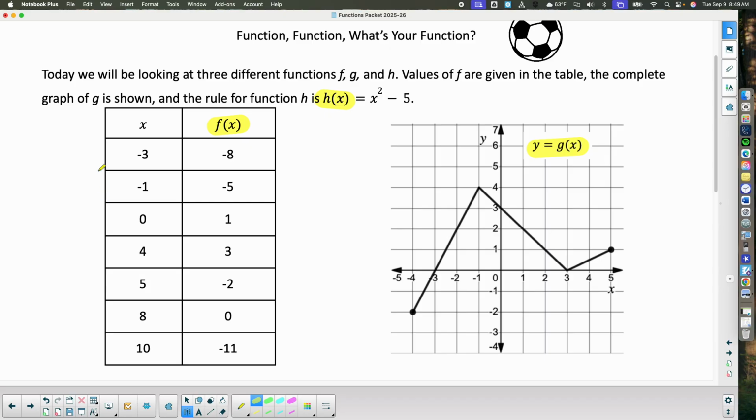So that would mean we are trying to find 5 in the x column. So the answer would be? -2. Perfect. F of 5 is going to be -2. So we find 5 in the x column, and the answer next to it is how we find f of 5. So down below next to f of 5, we're going to write -2.